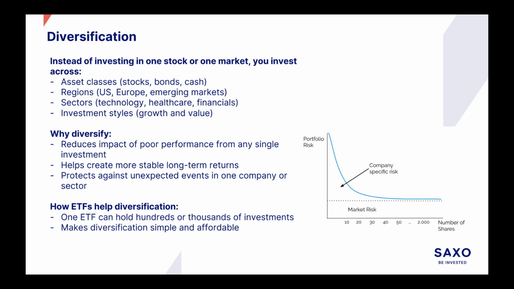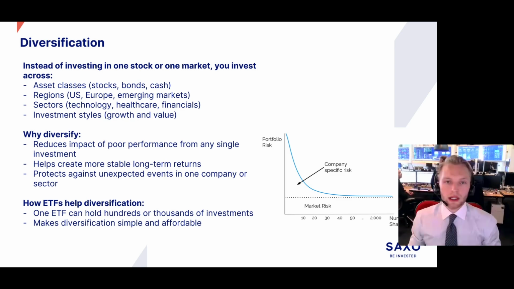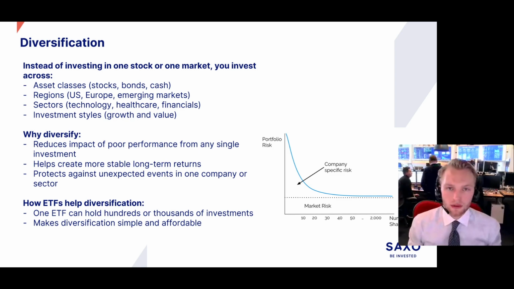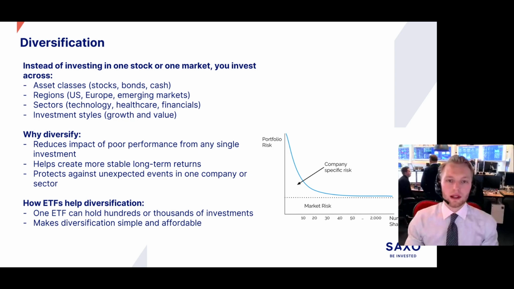It's one product, one time that you have to press buy, but then that one purchase will lead to a small investment in maybe 100 companies or even 1,000 companies. So that's a natural way of spreading out the risk, so that you don't have to find 50 or 100 different companies yourself and invest in them through regular stocks.